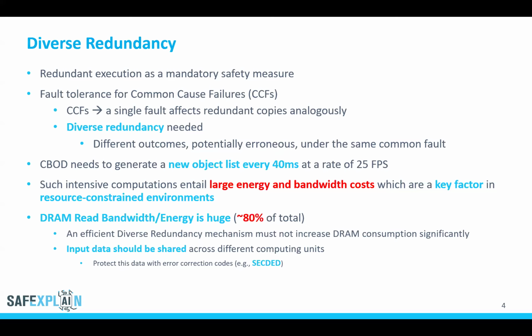For example, with YOLO, the DRAM read bandwidth and energy is huge, around 80% of the total. So an efficient diverse redundancy mechanism must not increase this DRAM read energy. This means the input data should be shared across the redundant components, and to protect this data, we can use error correction codes.